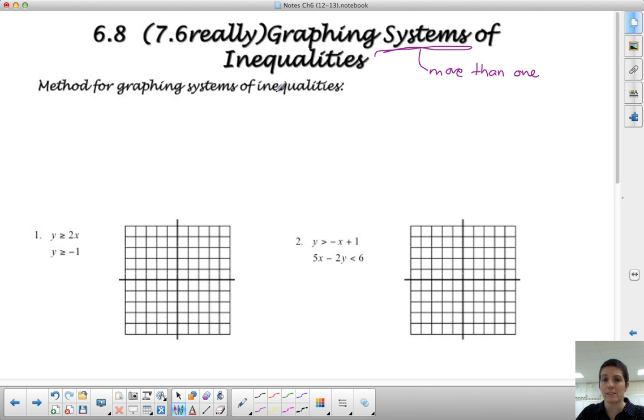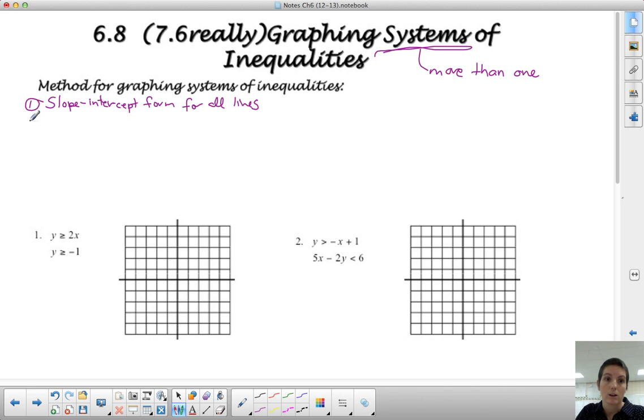Our method for graphing systems of inequalities is going to be pretty easy. Step 1 is to make sure that both lines are in slope-intercept form. All lines are in slope-intercept form.